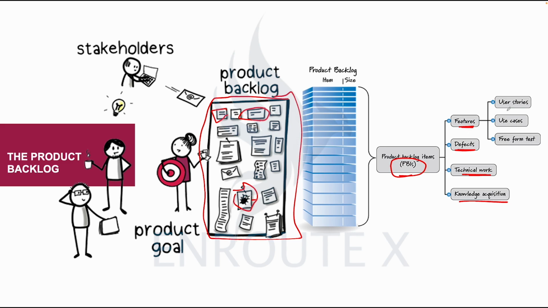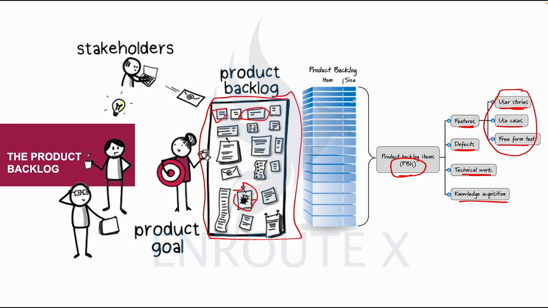When we get to the product owner end, we will discuss further on this, the user stories, the use cases, and free-form tests. There are ways of writing product backlog. I mentioned the user story earlier when we were looking at sprint planning and backlog refinement.